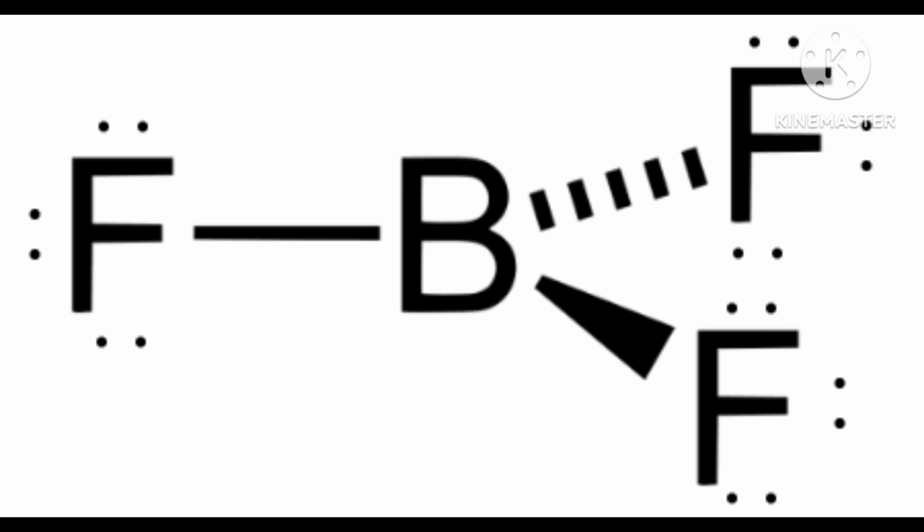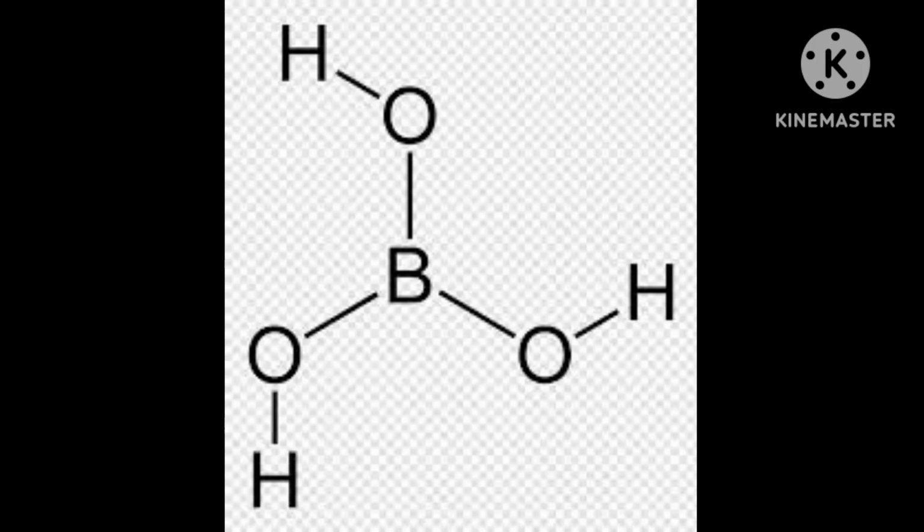Now I am going to tell you about orthoboric acid. Its formula is H3BO3. Now know more about orthoboric acid. Orthoboric acid, H3BO3, is a white crystalline solid with a soapy touch, just like soap.